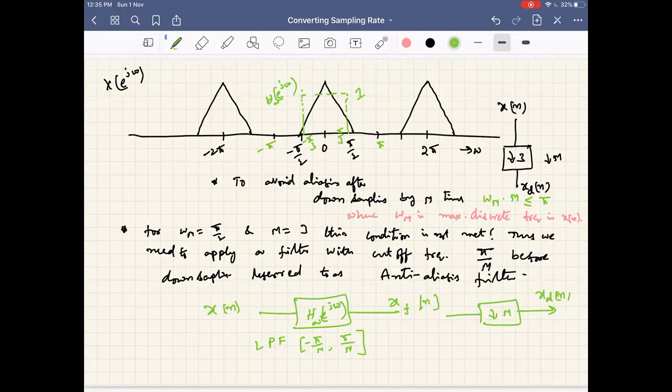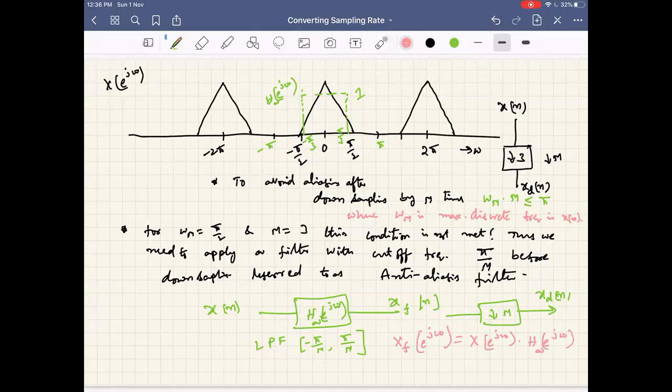So now in frequency domain, what happens? Xf of e power j omega is equal to X of e power j omega into H of e power j omega.